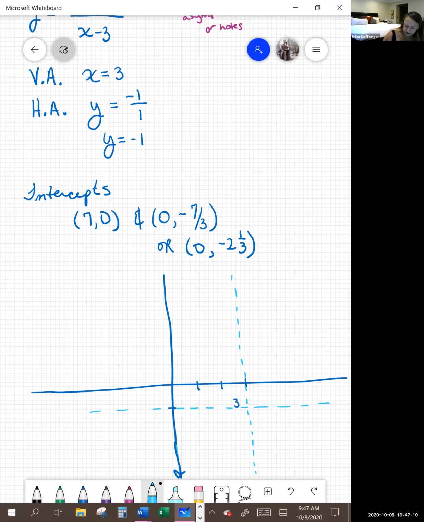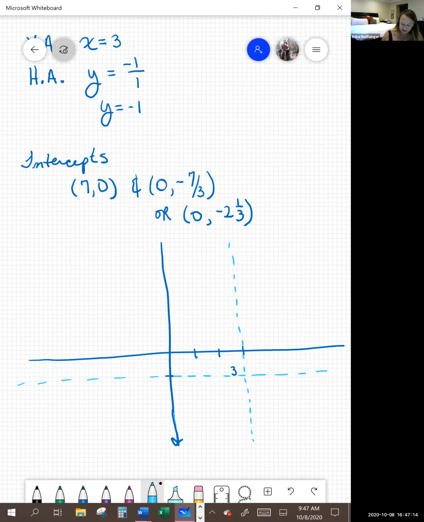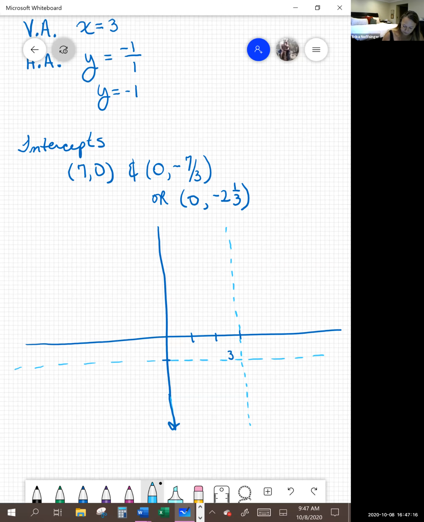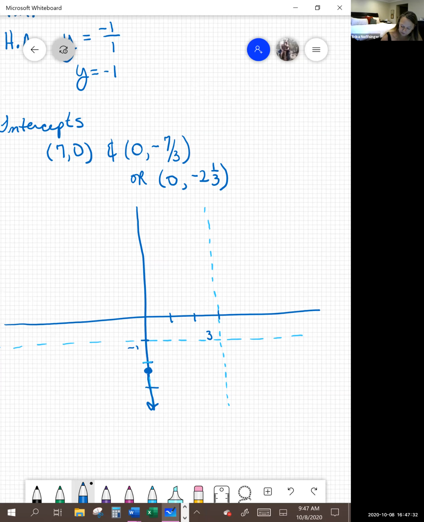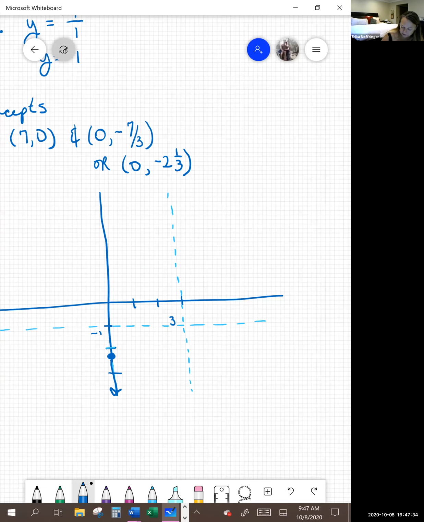And we have a y-intercept at -7/3, which is -2 1/3. So about here. And we have an X-intercept at 7. So 4, 5, 6, 7.